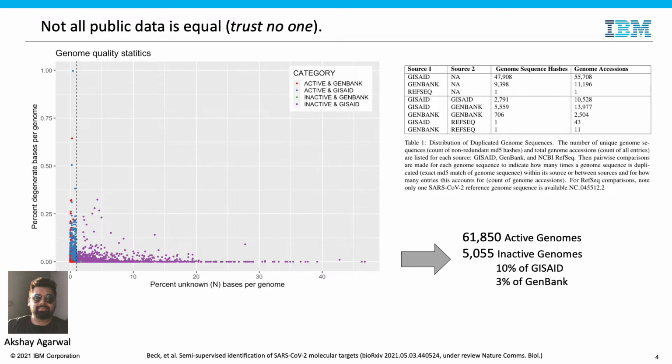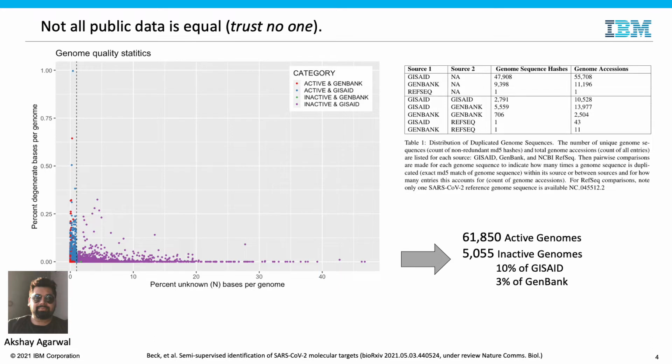In this case, we wanted to quantify, above the horizontal line, the data from the different sources, GSED, GenBank, and of course the RefSeq single reference genome, the Wuhan reference strain, and then the occurrences that we see within a repository and between repositories.